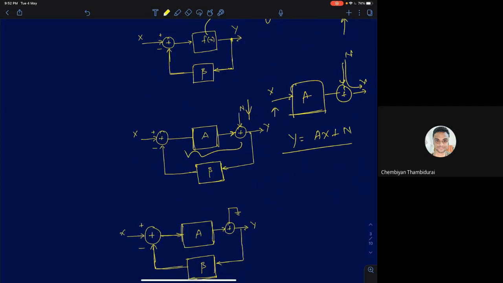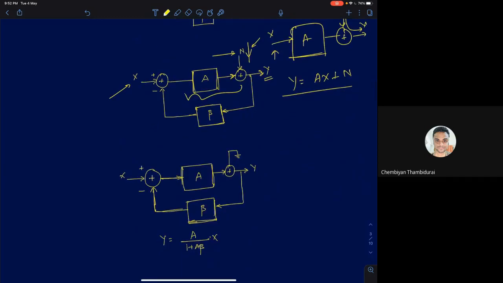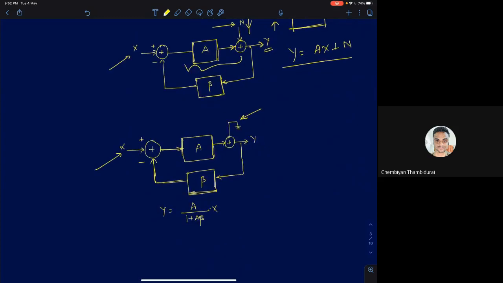So we'll now see what will happen to the output Y because of this external disturbance. Now we'll assume that this external disturbance is independent of the input. Because they're independent, I can apply the principle of superposition. So first I'm going to assume the noise here is 0 and assume only the input is present. In that case, if the noise is 0, it just reduces to a simple negative feedback amplifier. So the gain of that is A by 1 plus A beta times X. So that's your output Y.